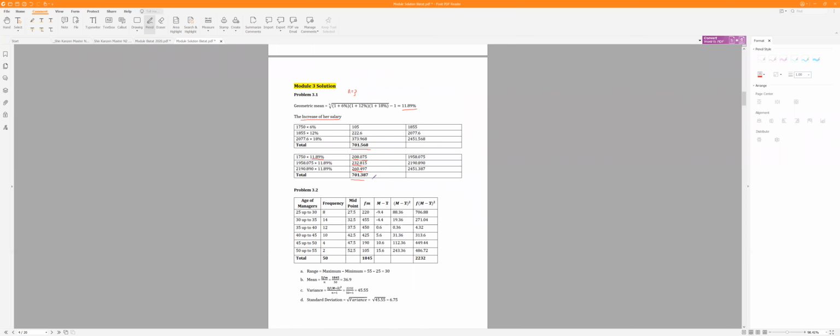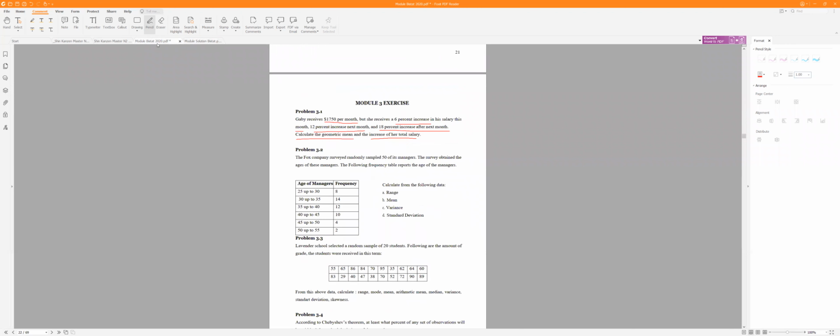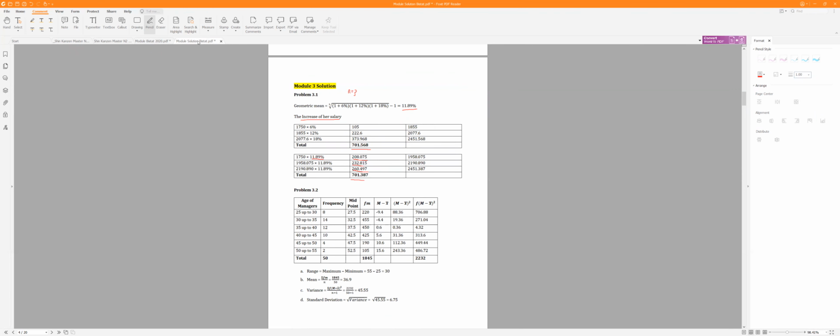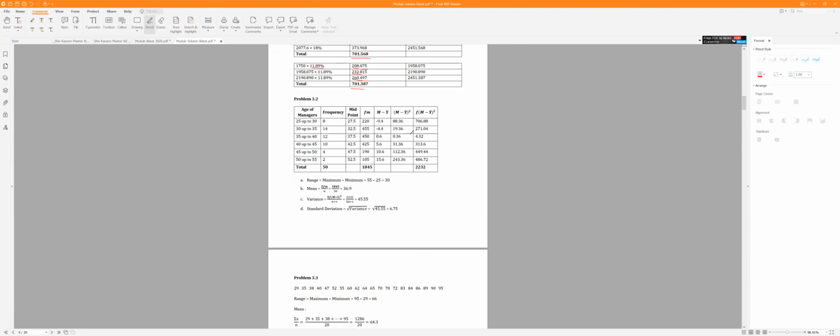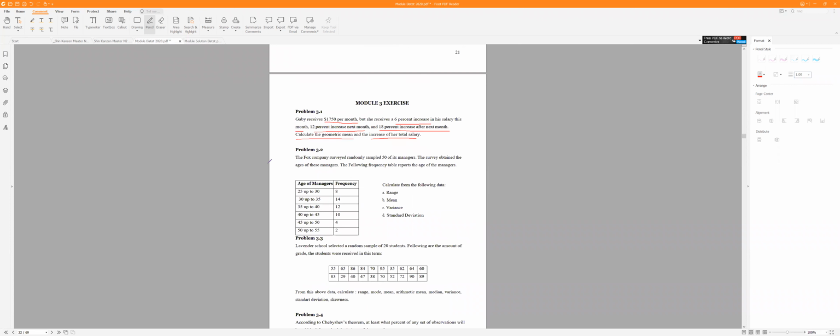As you can see, the increase of our salary is quite similar whether you use the geometric mean or the given percentages. The way in which you should approach the question will be written during the test, so don't worry about this. So problem 3.2, moving on.